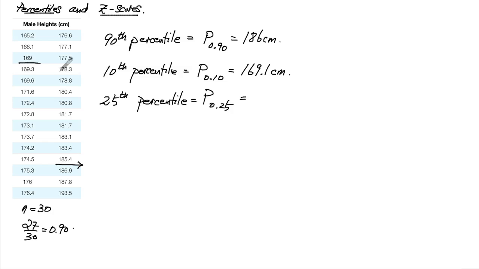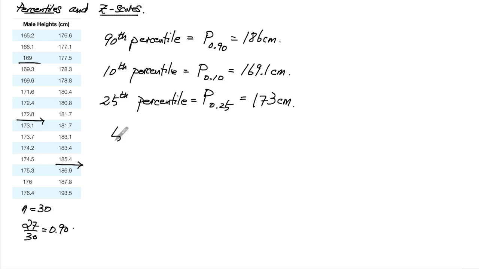So 30 divided by 4, 7.5. So 1, 2, 3, 4, 5, 6, 7.5. So if we have a value somewhere here, we ensure that at least 25% of the people are going to be shorter than that particular height. In our case, 173 centimeters is a suitable value for the 25th percentile.